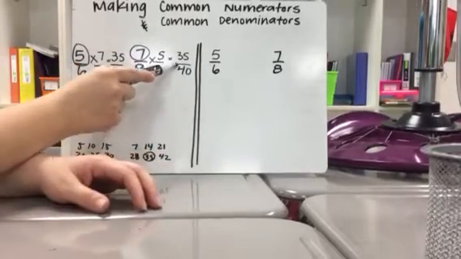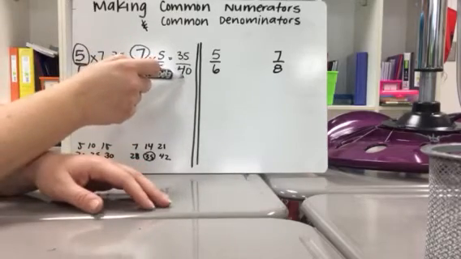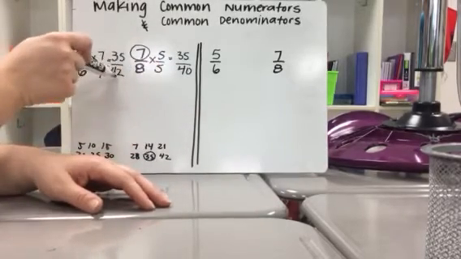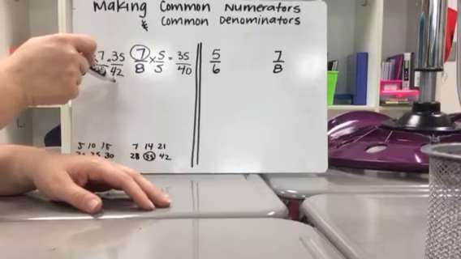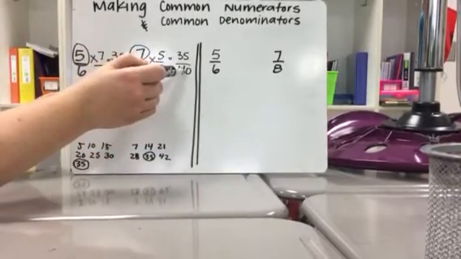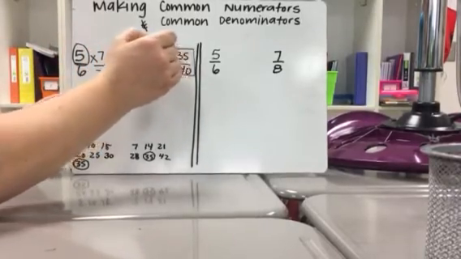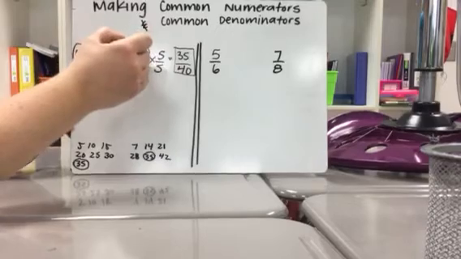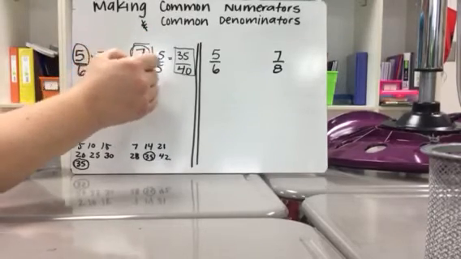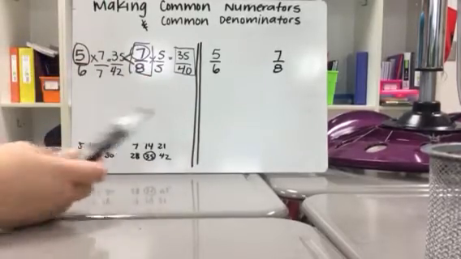But the smaller denominator actually means the larger pieces. That's thinking, I have a pizza and I have 40 pieces in it. Here my pizza has 42. I have to fit more pieces. That means I got to get smaller. So since this is 35 bigger pieces and 35 smaller pieces, 35/40ths is larger, which then also means 7/8 is larger. So 7/8 is larger than 5/6.